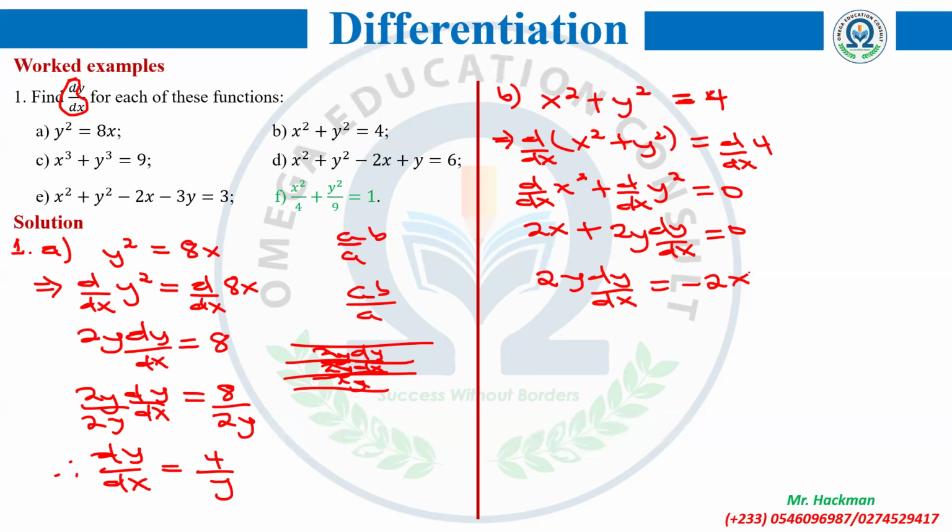The next step is to divide both sides by which quantity? 2y, because you are making dy/dx the subject. So you divide by your coefficient of dy/dx.